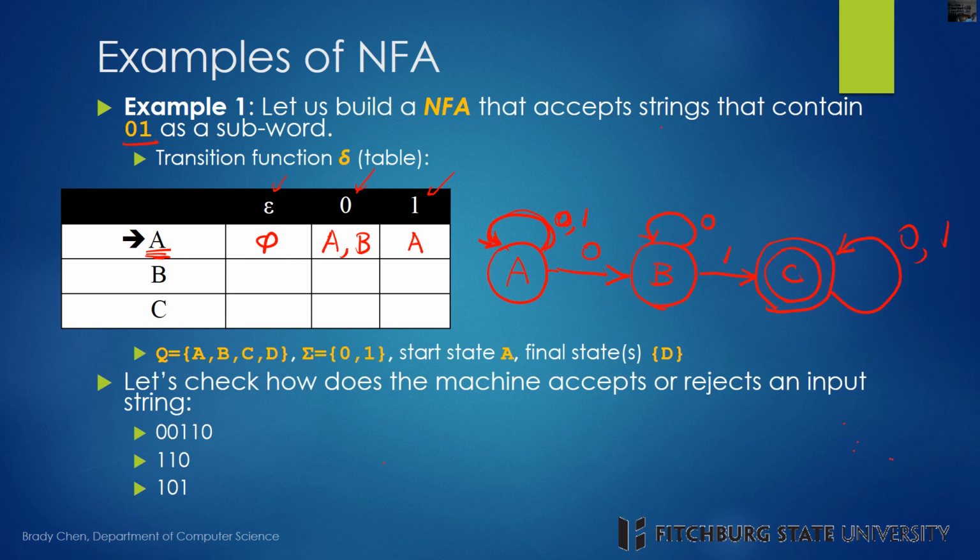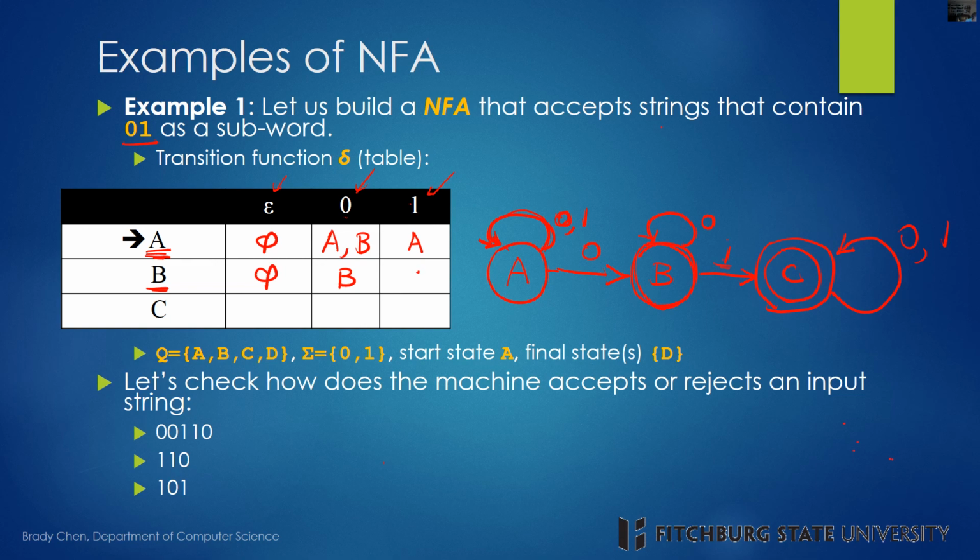Now for B, if the current state is B and the input is epsilon, it goes nowhere because the diagram doesn't show anything. And B and 0, so current state is B, input is 0, it stays in B. B and 1, current state is B, the input is 1.